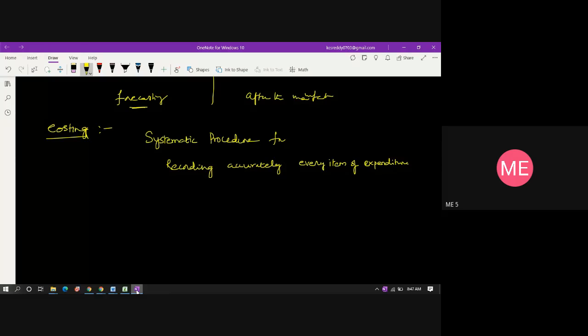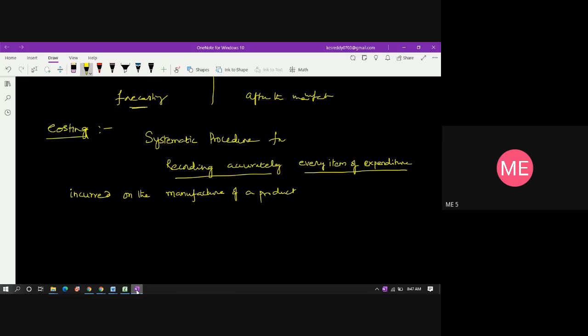For example, spending on materials, spending on labor, and on other things. All this we are going to record accurately, every item of expenditure. It is a systematic procedure for recording accurately every item of expenditure which is incurred on the manufacture of a product.